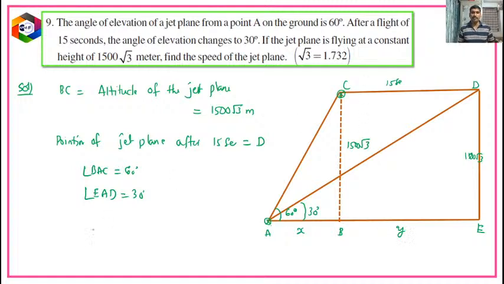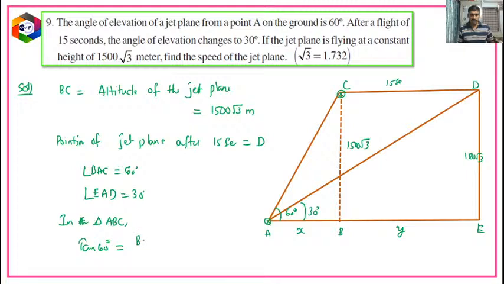Okay, now let us consider the triangle ABC. This is the information. Observe children, in the triangle ABC, first let us make use of tan 60. Tan 60 degrees is equal to, with respect to 60, opposite by adjacent.